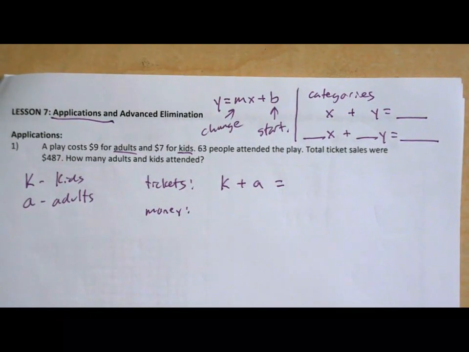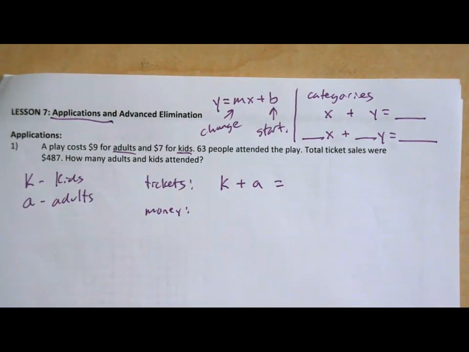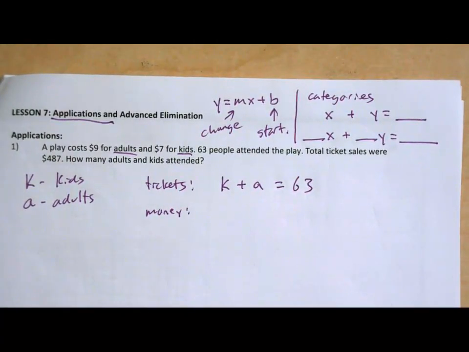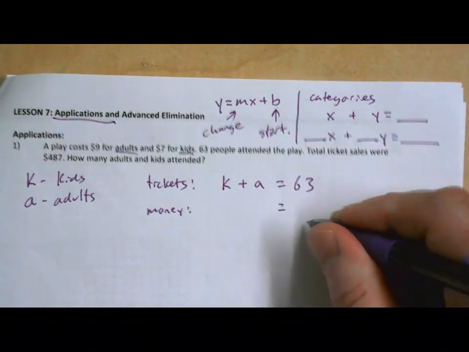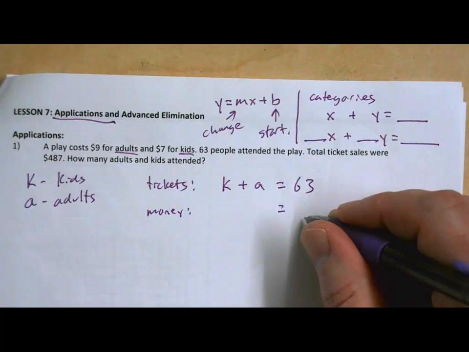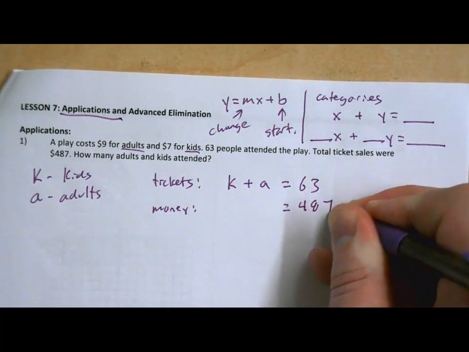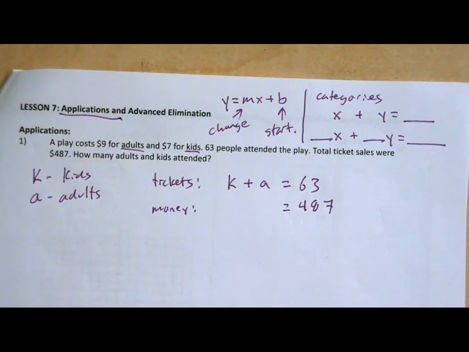What is the total number of tickets? I'd say 63 is the total number of tickets. They didn't sell 487 tickets, did they? I'd say they sold 63 tickets. I'd say the 487 would be my total for the money equation. Would you agree with that? That makes sense because the total money that they brought in was $487.